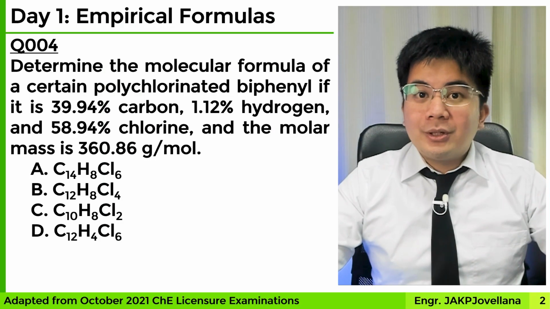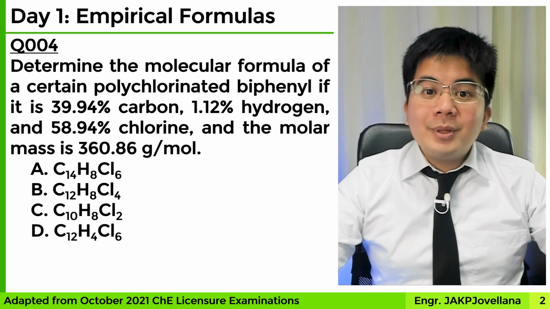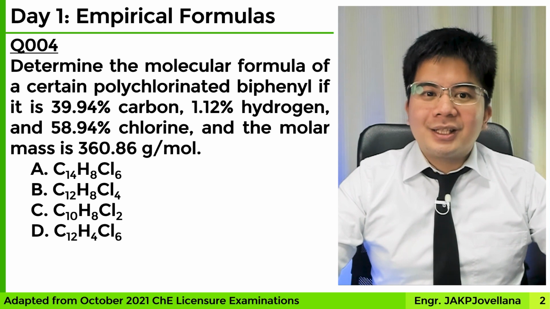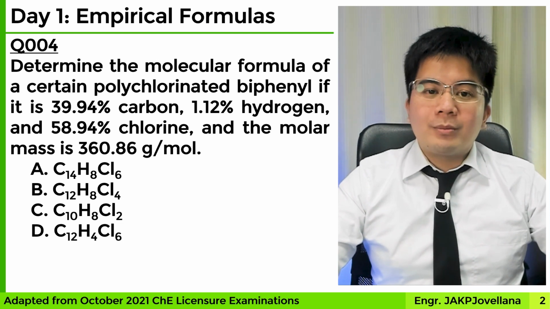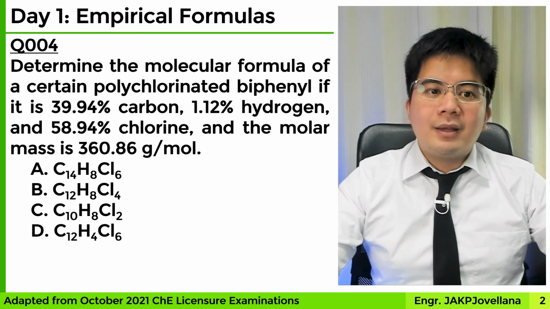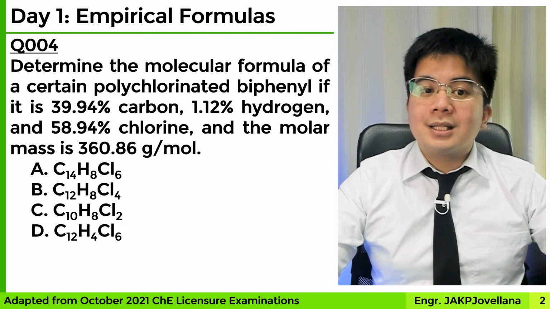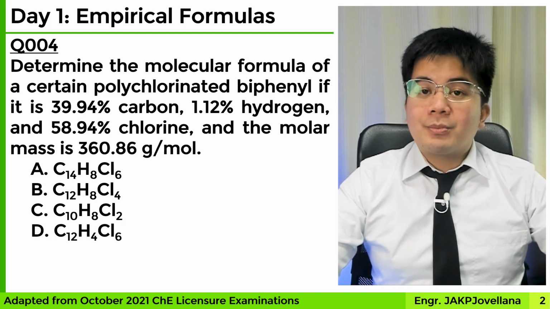So, for question number 4, determine the molecular formula of a certain chlorinated biphenyl if it is 39.94% carbon, 1.12% hydrogen, and 58.94% chlorine, and the molar mass is 360.86 grams per mole.